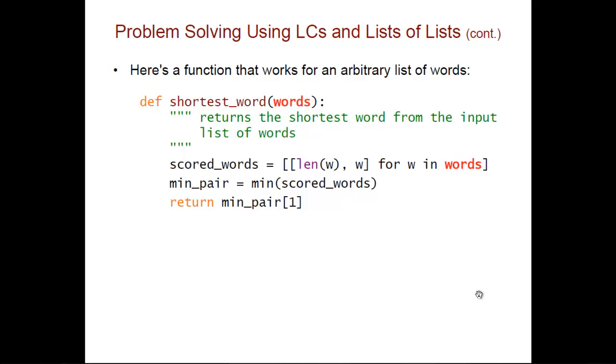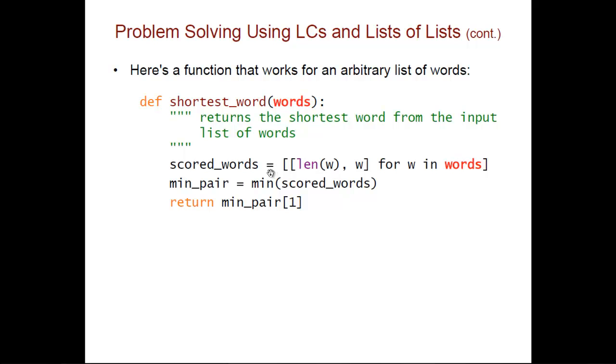And then finally, here's a function that I've called shortest_word that solves this problem for an arbitrary list of words. I'm passing in the list of words as an input, and you can see I'm using that variable down here in my list comprehension. And again, the list comprehension is creating a list of lists in which each sublist has the length of one of the words paired with that word.